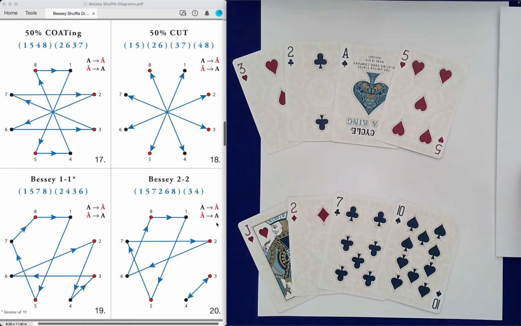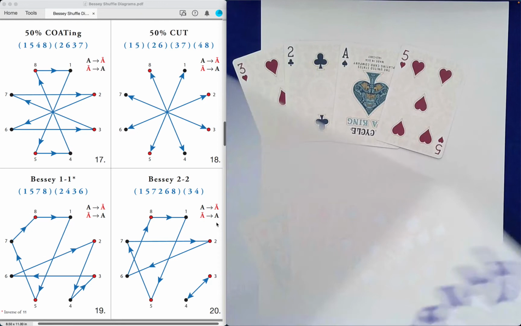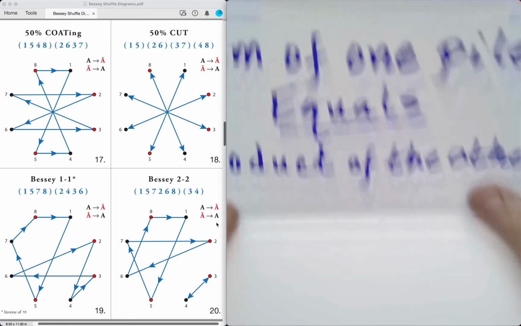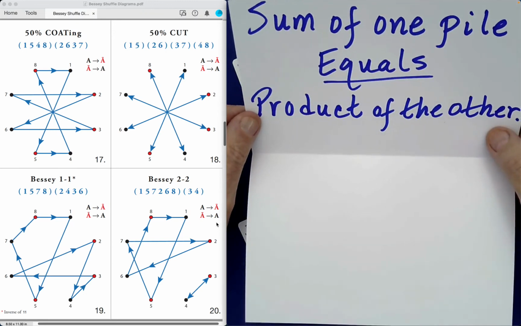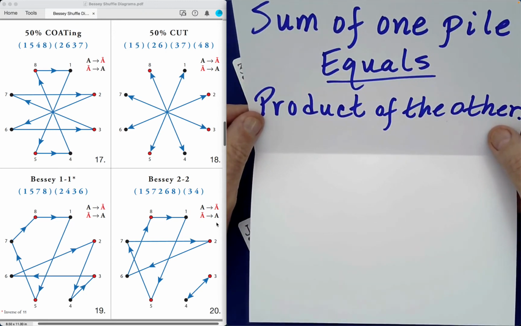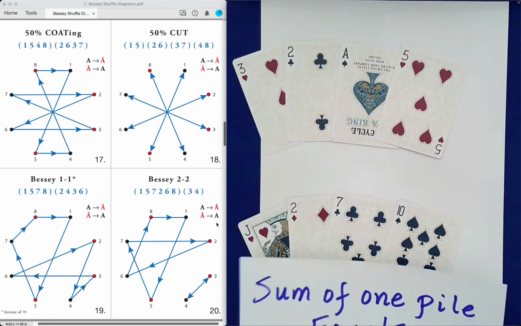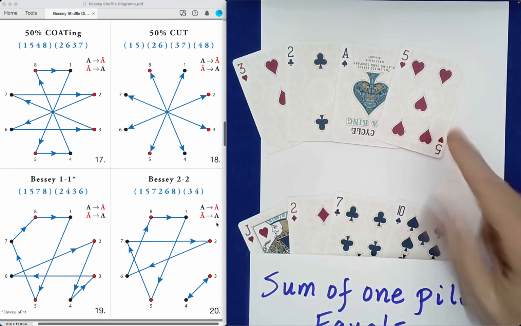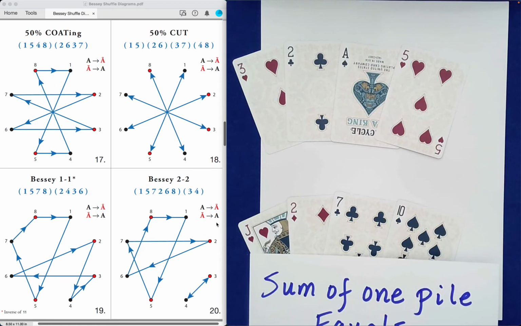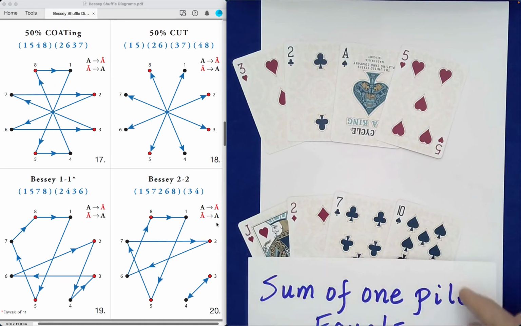And then you can bring out your prediction and just absolutely blow away the spectators that somehow you saw that this would happen. And the fact that these card values do weird things like, let's see, the product of those just happens to come out to be 30, which equals the sum of these. How in the world could anyone see that that was going to happen?